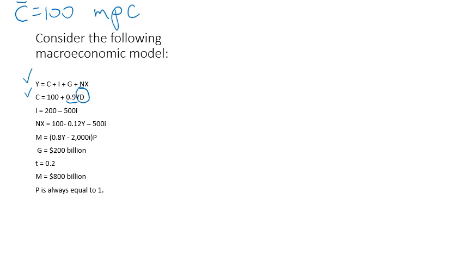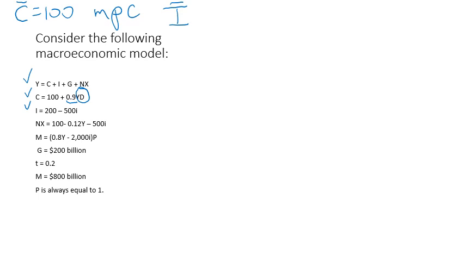All right, now the third function. The third function has two terms. The $200 billion that is associated with autonomous physical investments.